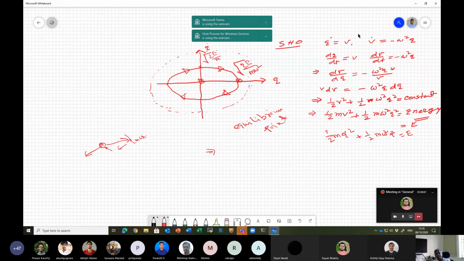So if you have more and more equations, then you need more conditions to solve. If you can optimize the system by a certain number of degrees of freedom such that you can describe the system with that, then it will be easier for you. Okay, sir.